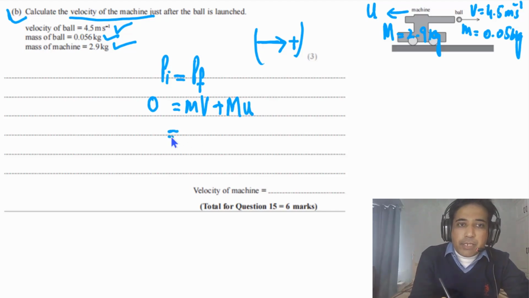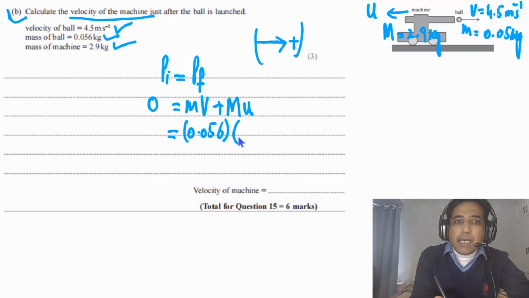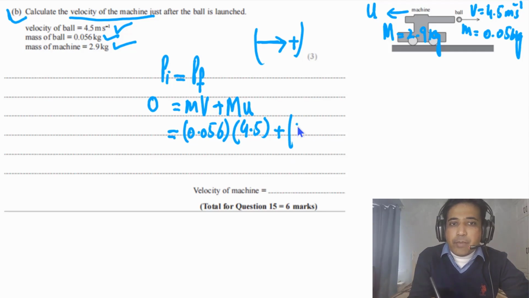Now we can simply plug in values. So we have m equal to 0.056, and this capital V is positive, so it is 4.5, because we have taken to the right as positive, plus the mass of the machine, that is 2.9, and we don't know the value of u.